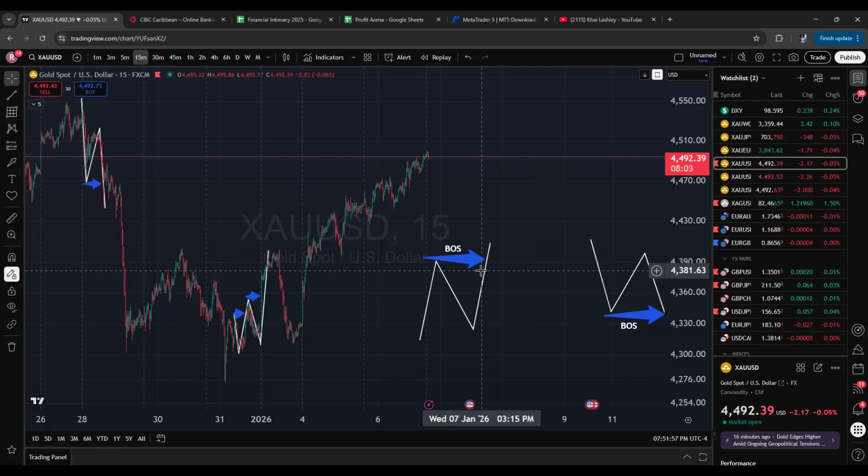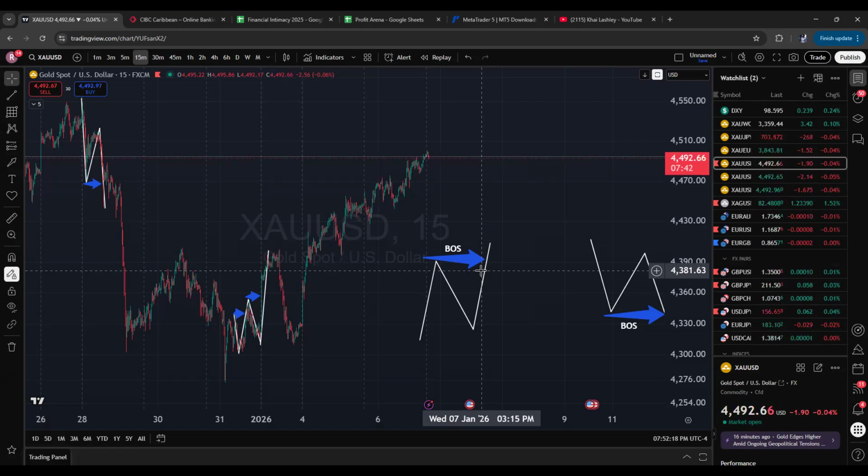Here's one thing I will tell you about gold. More often than not, gold will take you to the extreme low or to the extreme high. So where the move began.